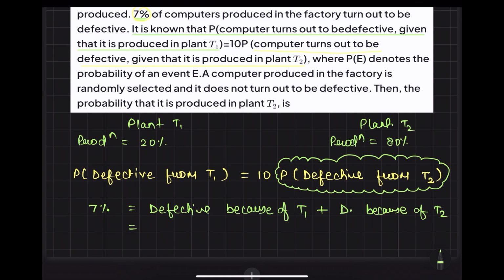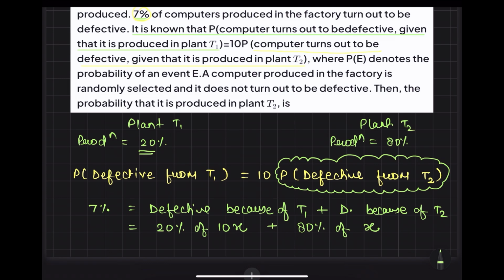Okay, so you know that out of all the computers, 20% are produced in T1. So can I say that there is a 20% of 10x contribution because of plant T1 and 80% of x because of plant T2?